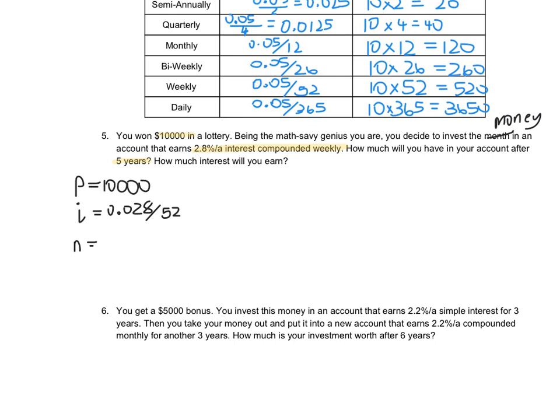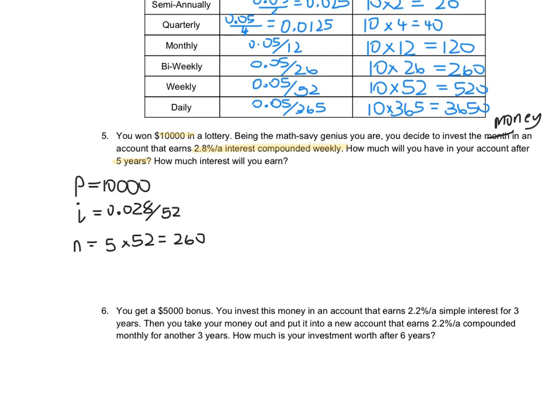And that's going to be a pretty ugly decimal, so I'm going to keep the fraction the way it is. And then for the number of compounding periods, I know it's 5 years, but for every year, I'm going to get 52 additions to my account. So 5 times 52 is 260 total compounding periods.